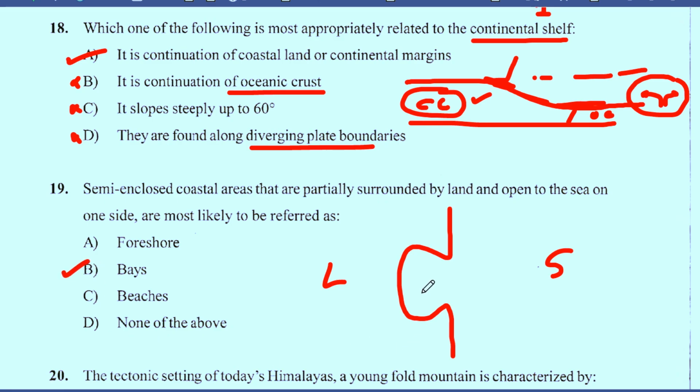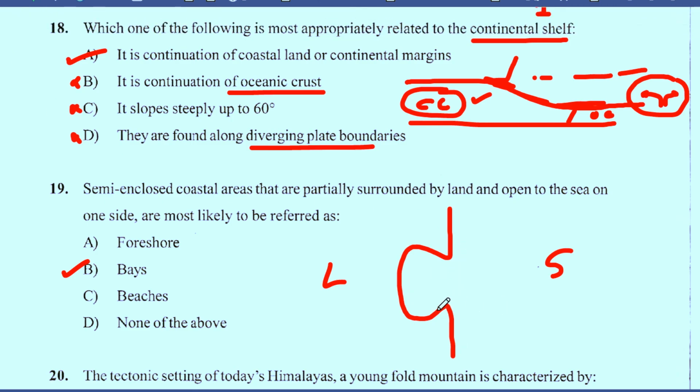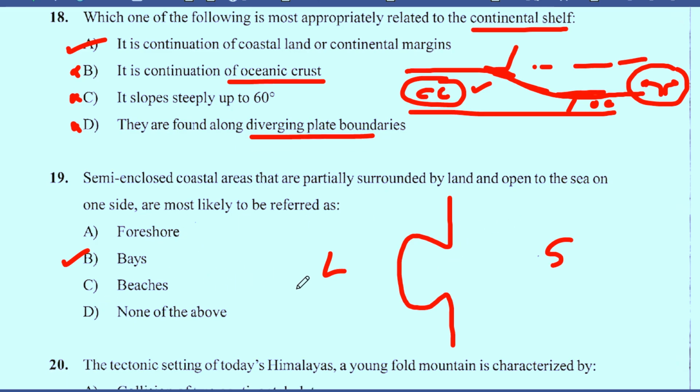Like at a bus stop, the bus will come like this and go like this. So we call it a bay. Beach is another, and these are not linked with this. It is a very simple question.